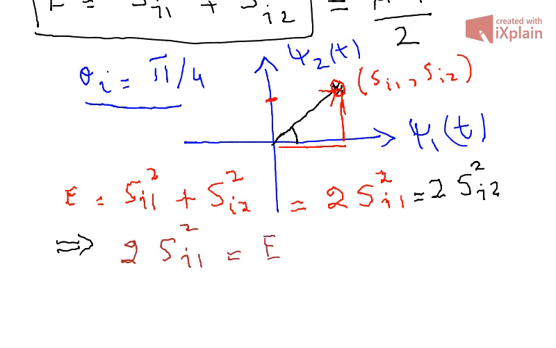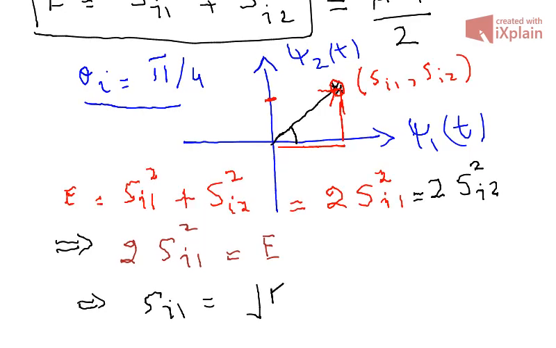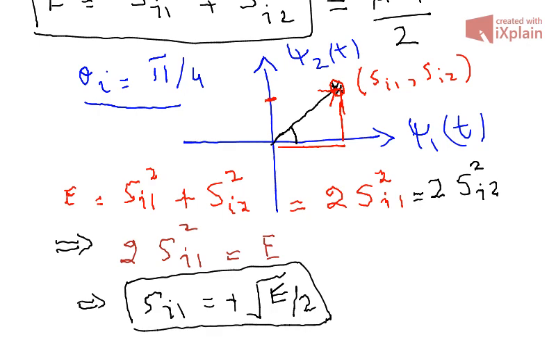And it implies that ψ1 is actually equal to under root E over 2. This is how we prove that ψ1, which is this side, this image, is actually equal to under root E over 2.